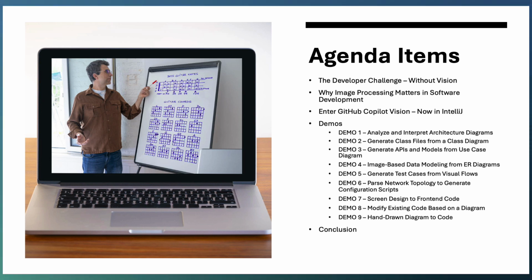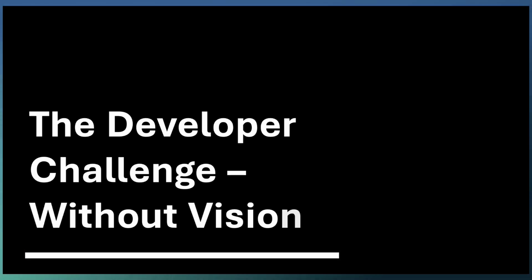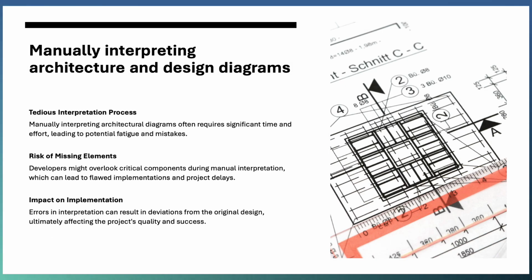Starting with the developer challenge: without vision support, software development is difficult. We all went through this manual interpretation of architecture and design diagrams. We get a set of diagrams from architects or designers and spend hours to translate them into boilerplate code or even understand the insights of them.